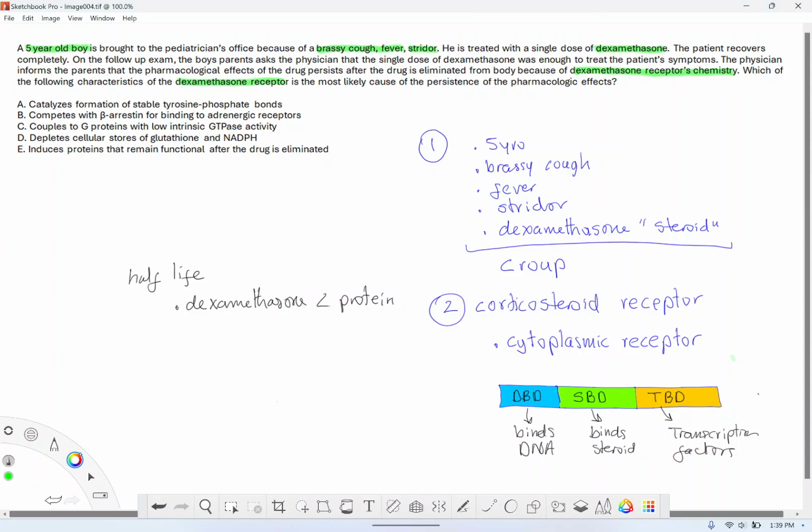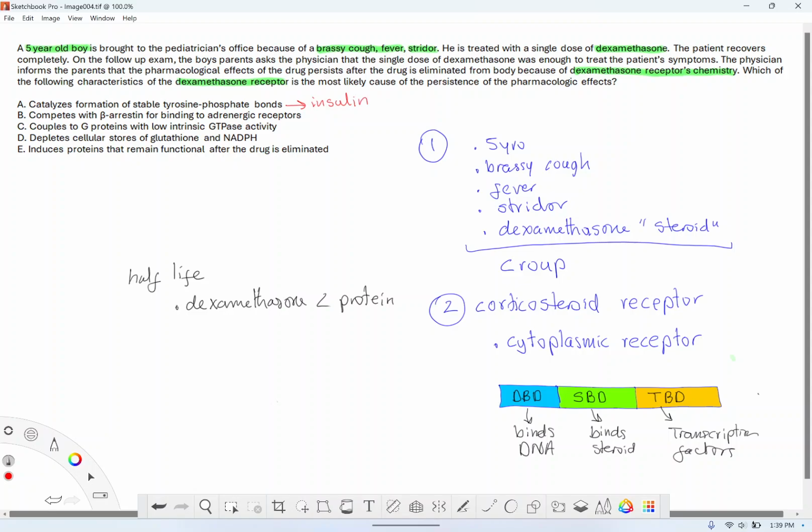Okay, let's look at our choices, now that we understand to some degree what's going on. Dexamethasone receptor catalyzed formation of stable tyrosine phosphate bonds. No, look, tyrosine kinase receptor. Tyrosine kinase receptors have to do with insulin, not dexamethasone.